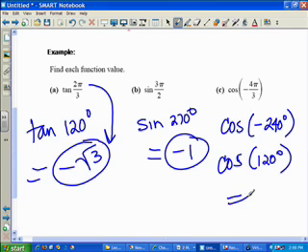What's the cosine of a 60-degree reference angle? The sine of 30 is 1/2, so therefore the cosine of 60 would be 1/2. So the final answer would be negative 1/2.